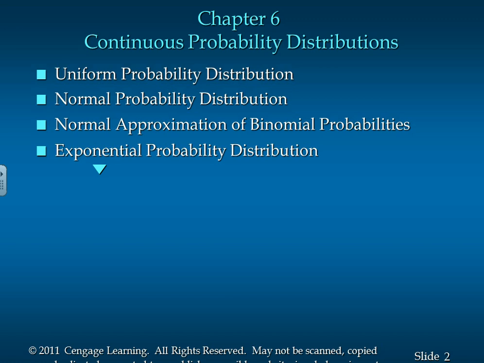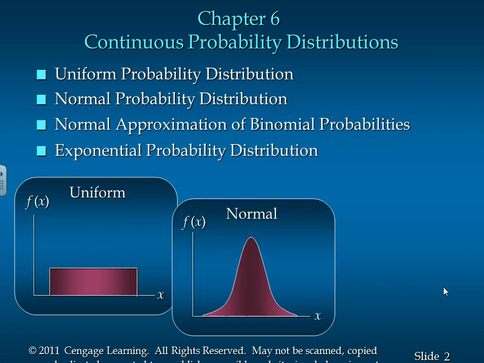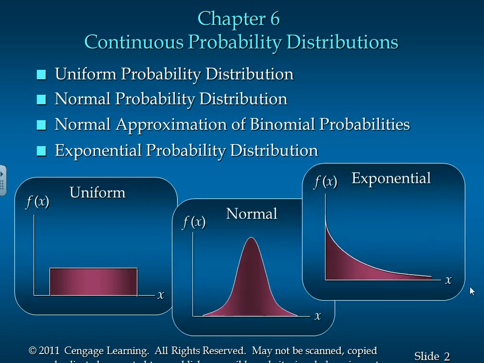Now I can have continuous ones, uniform probability, normal probability, normal approximate binomial probabilities, exponential things. So here's a uniform probability, then there's a normal probability, an exponential probability, and are we going to see the last one or not? This reminds me of my fuzzy math class.